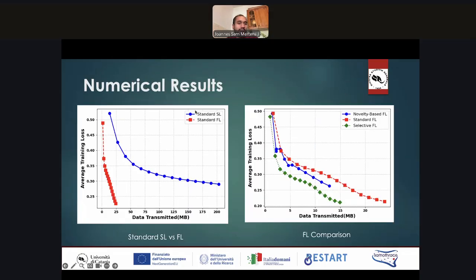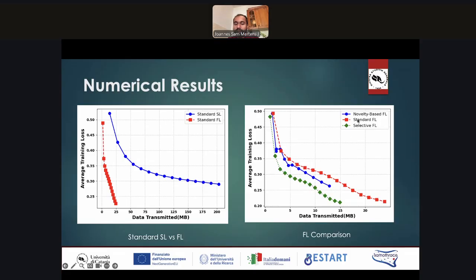We compared the standard split learning and the standard federated learning, and we saw that the standard federated learning was consuming less data in the data transmissions than the standard split learning. This is very important to see, because in resource constrained hospital networks, you need techniques that consume less data, because bandwidth constraints are there.